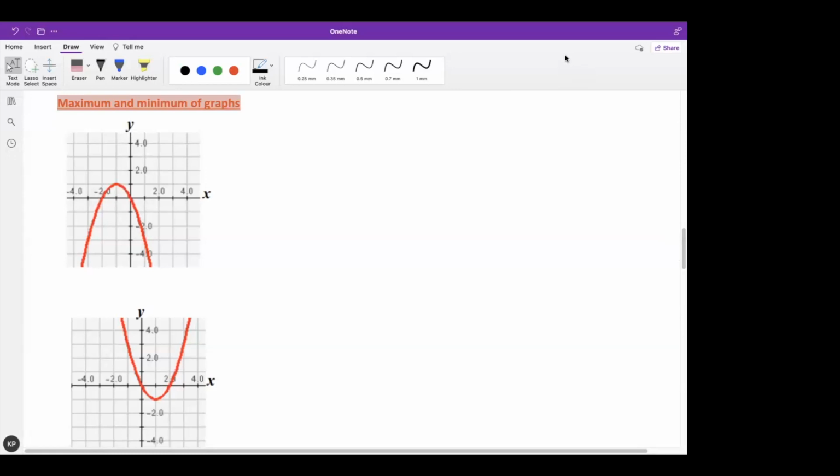Anyone else have an opinion to say about minimum and maximum? Siamtana, you've never heard of a minimum and a maximum. Slendila says highest is maximum and lowest is minimum. Okay. Wow, hectic. Okay, that's fine. We'll talk about it just now.